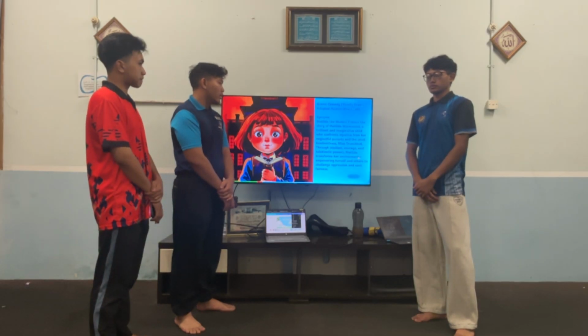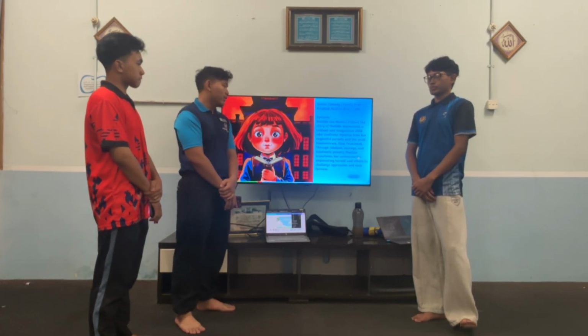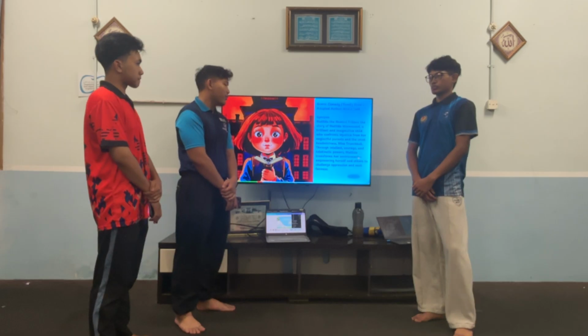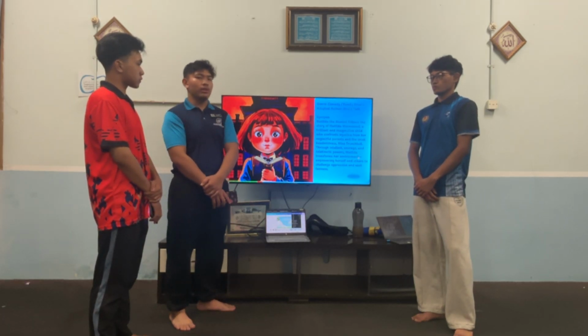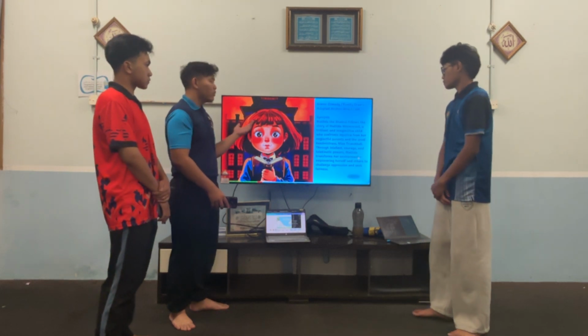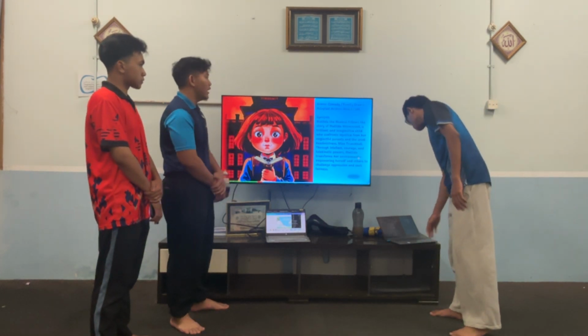Through intellect, courage, and telekinetic powers, Matilda transforms her environment, empowering herself and others to challenge oppression and seek fairness within their world. And now we will move on to the literary elements.